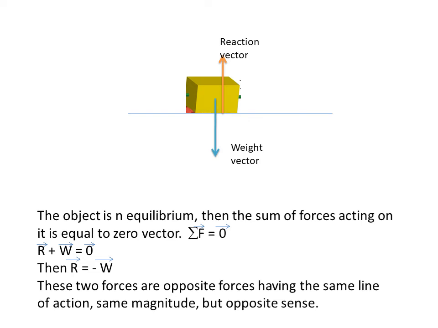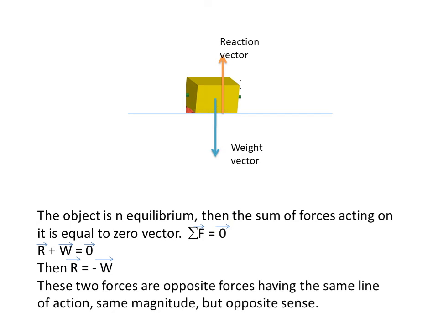This is another example. You have an object that is on a certain support. So we have two forces acting on it: the reaction of the support and the weight. Don't forget about the characteristics of the reaction of a support. The point of application is the point between the object and the support.